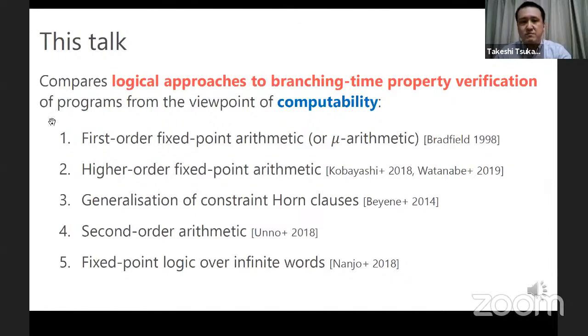And many logics have been used for this purpose. For example, some extension of arithmetic by fixed point operators, or some generalization of constraint Horn clauses and second order arithmetic, and others.